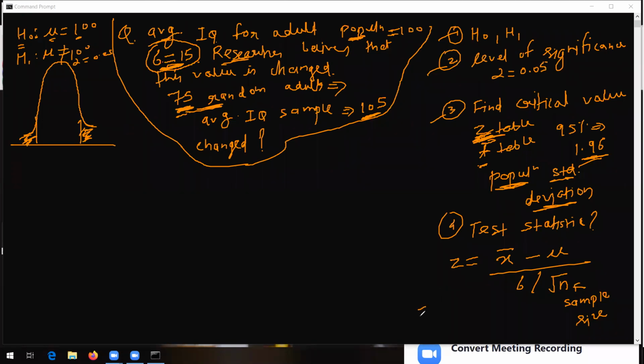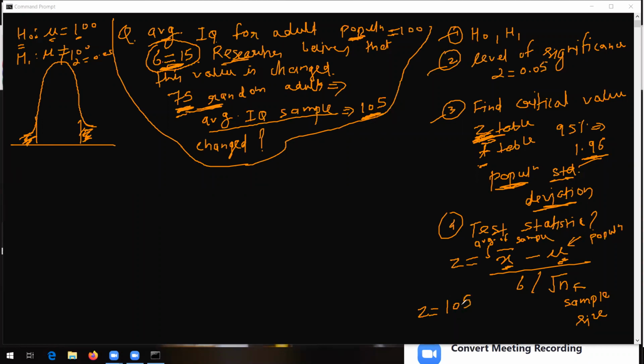So I can directly go and put in all the values. X bar is the average of the sample, and mu is the average of the population, that is the complete data. This is the average IQ of the population, and that is the average IQ of the sample. The average IQ of the sample they are saying is now 105, for 75 people.